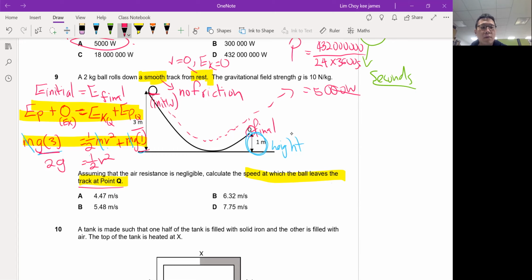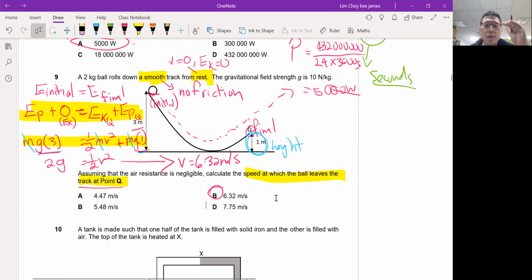If you work out the math, it will be the square root of 4 times 10, which is 6.3. So the answer velocity will be 6.32 meters per second, which is B. This will be the answer for B.